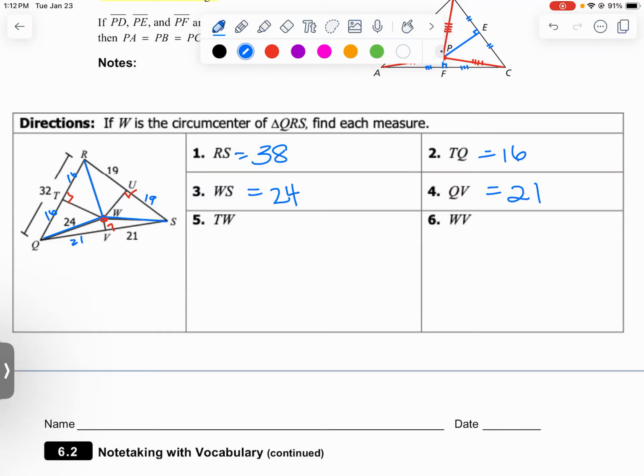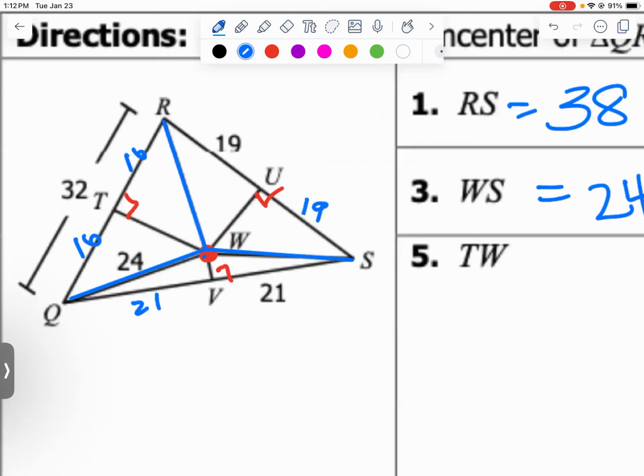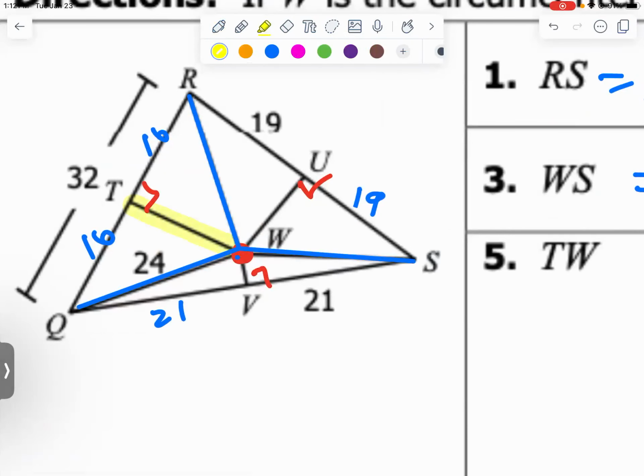Okay. Now, what if I ask you for TW? So I'm going to zoom in, and TW is right here. What are we going to do? We have a right triangle here, people. And what can we use if we have a right triangle?